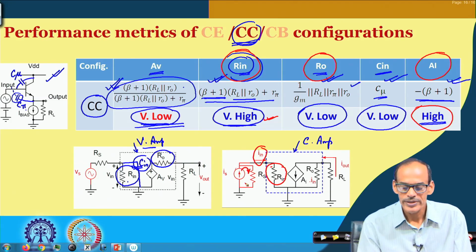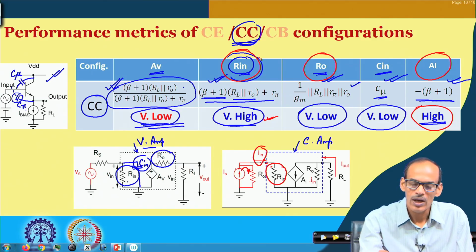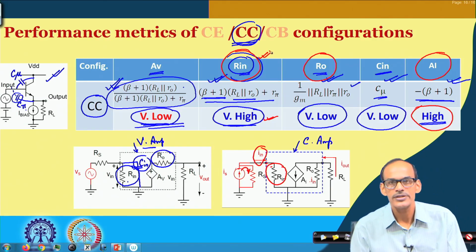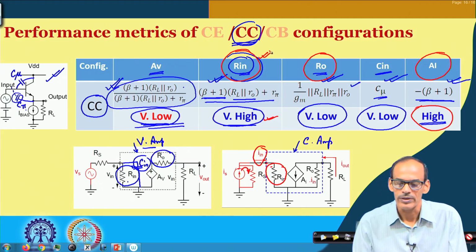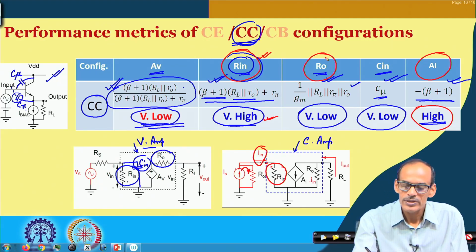So, in other words, we can say that there will be a big amount of attenuation. So, this high value of R in, definitely it is not in favor of a current mode amplifier. A similar thing can also be seen here for R out. Output voltage is very low.